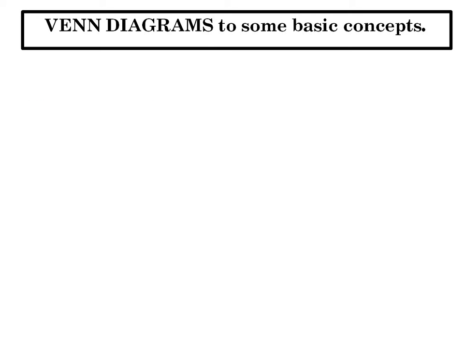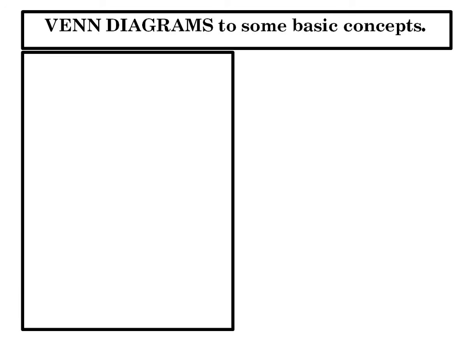Now let us see Venn diagrams for some basic concepts. Suppose 2 belongs to A and 3 does not belong to A. So there is one element, 2, existing in A, and there is another element, 3, that does not exist in A. Now how do you draw this Venn diagram?